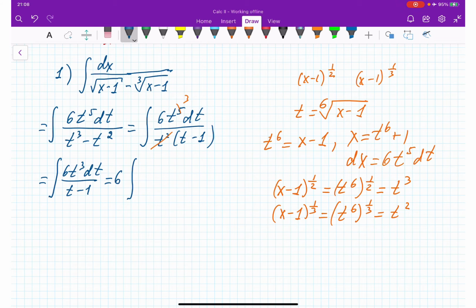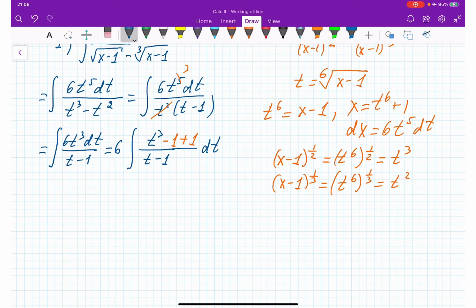What do I mean by that? At the bottom I have t minus 1, here I have t cubed. So I'm going to bring in the formula t cubed minus 1, where t minus 1 is going to become part of it, right? Now, because I dare to disbalance the integral, I'm going to bring back the balance, also add 1, correct? Add 1 and put dt.